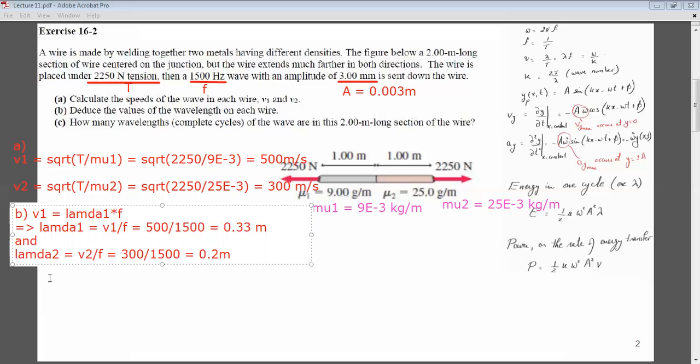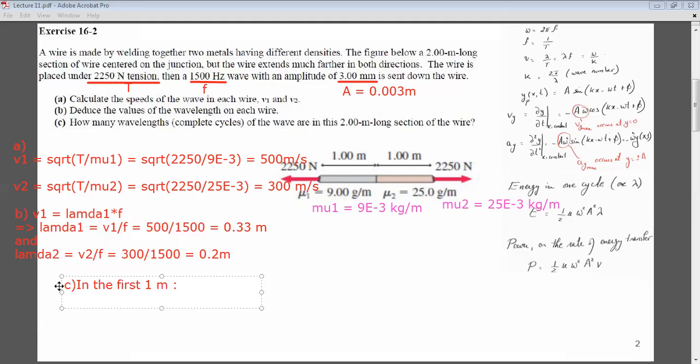Part C: how many wavelengths, that is complete cycles of the wave, are in this 2-meter long section of the wire? So I will look at each segment. In the first 1 meter, I have lambda 1 equal to 0.33 meter.